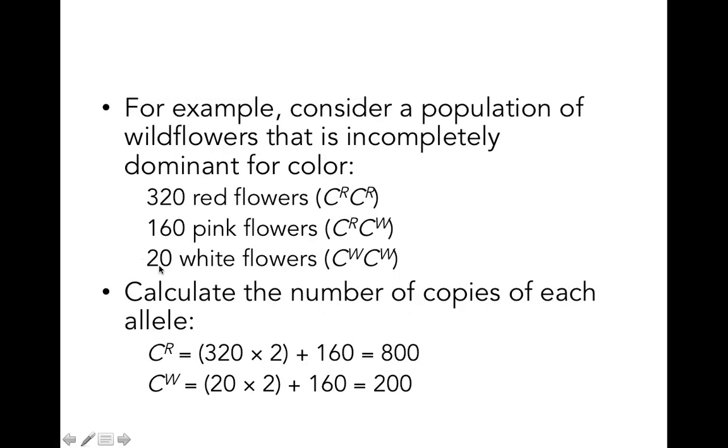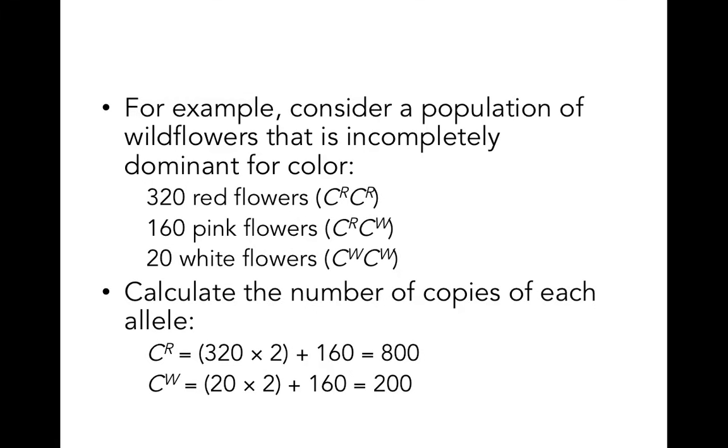We do the same thing for the white flowers. There are 20 white-flowered individuals, so we know they've got 2 copies of this C superscript W allele. That's where we get 20 times 2. Each of these pink-flowered plants has 1 copy of that C superscript W allele, which means we have 160 of those. We add that all up and get 200.